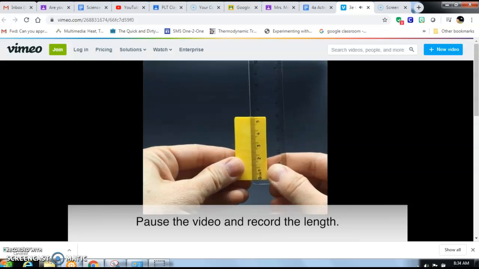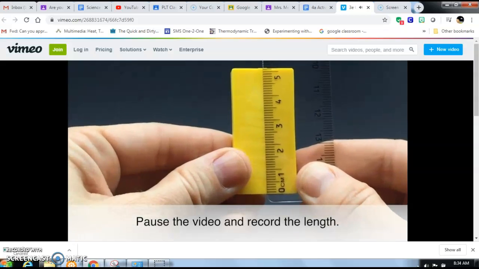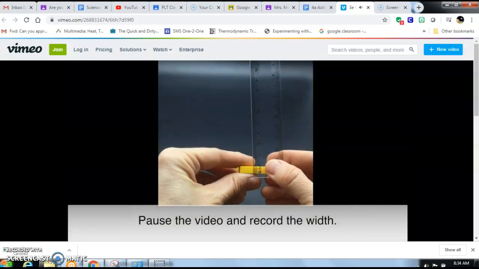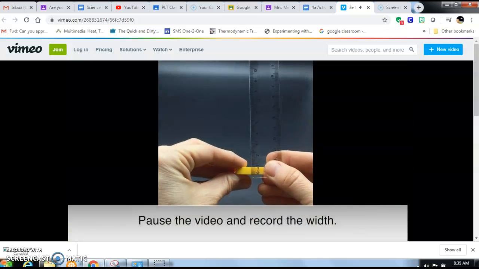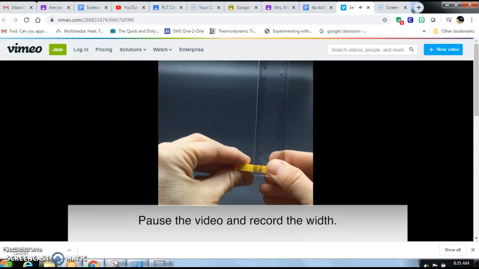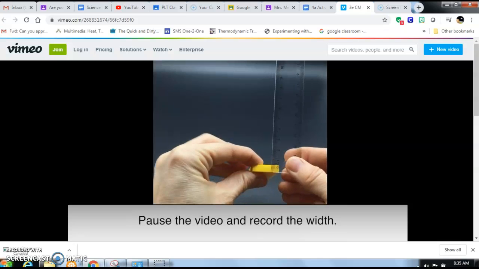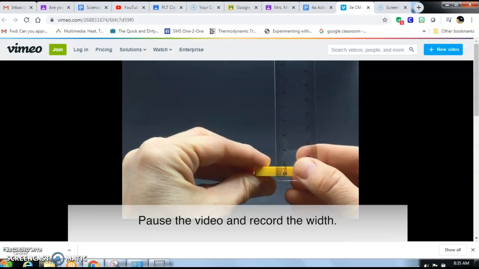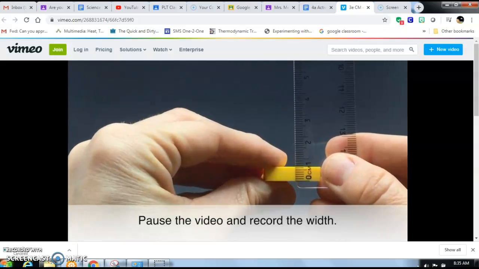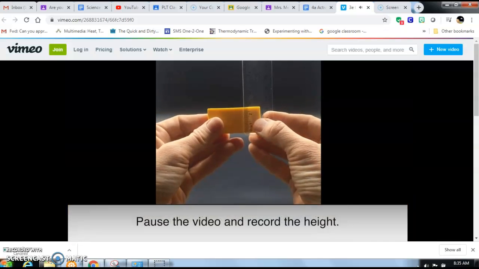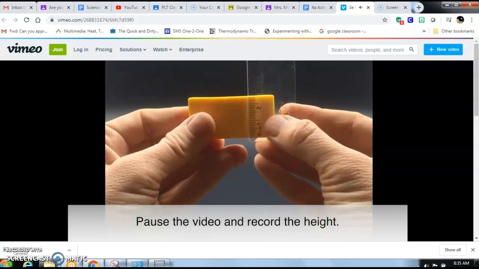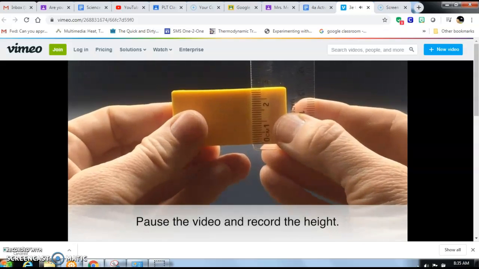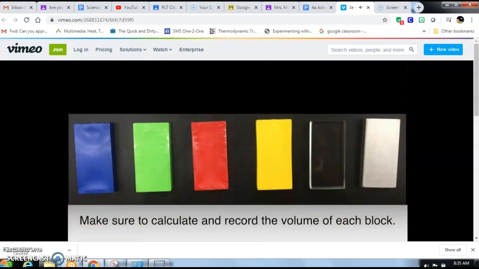Pause the video and record the length. Pause the video and record the width. Pause the video and record the height. Make sure to calculate and record the volume of each block.